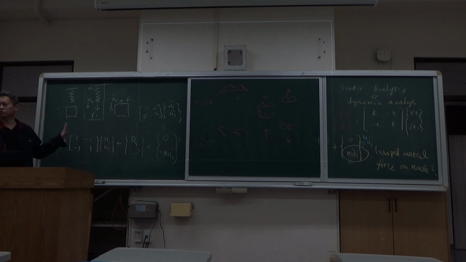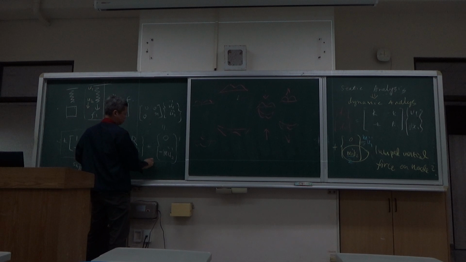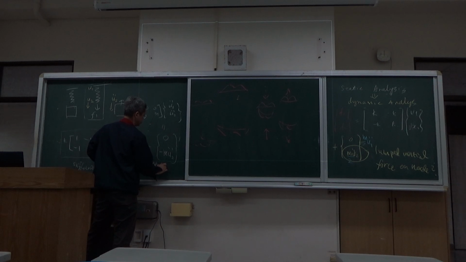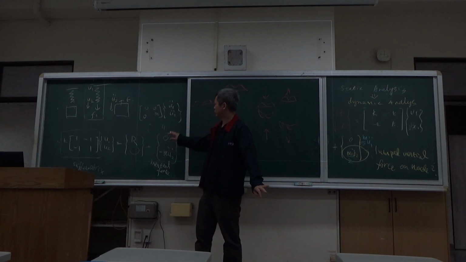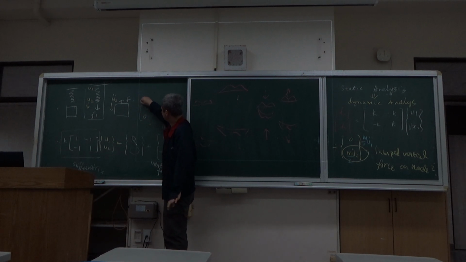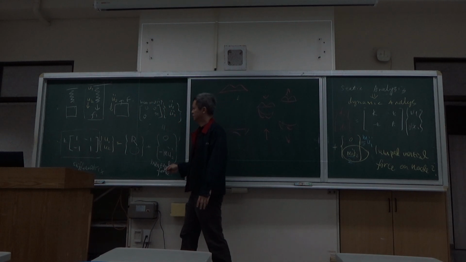You see, today we write everything in matrix form. This is called the mass matrix. Some of you have solved many of these before, right? Indeed this is the inertial force, but I still write it in matrix form. In this case, this is what's called the mass matrix times the acceleration vector.